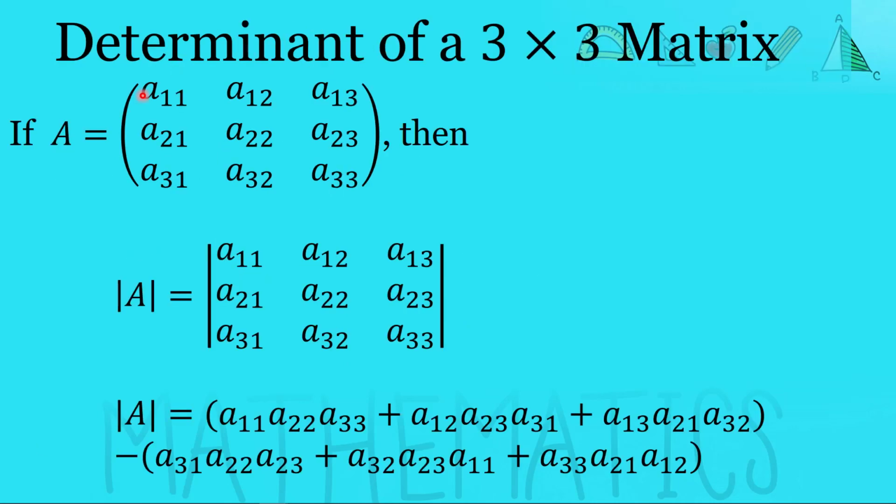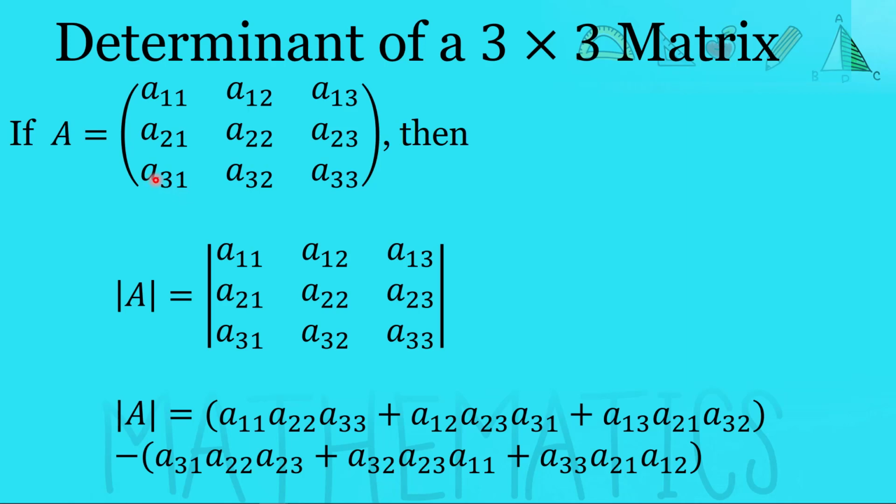What about the determinant of a 3 by 3 matrix? Here is our 3 by 3 matrix in general form. Keep in mind that when I say it's a 3 by 3 matrix, the first number tells you the number of rows, and the second number tells you the number of columns. Furthermore, in this general notation, the first subscript tells you which row the element belongs to, and the second subscript tells you which column the element belongs to.